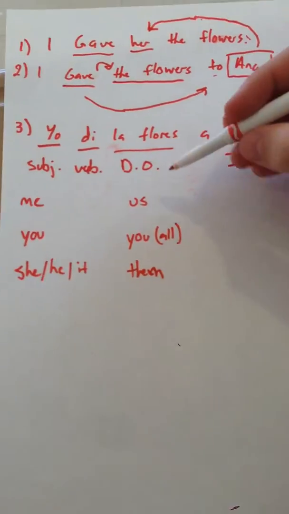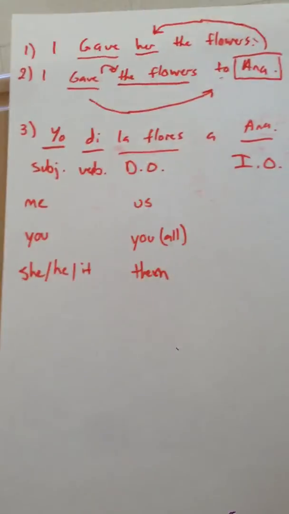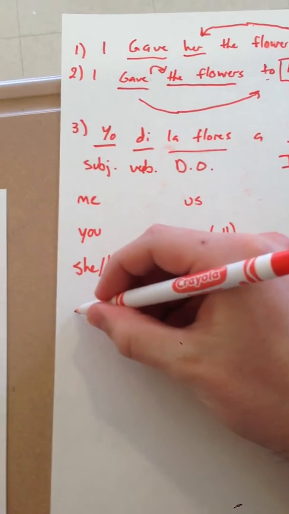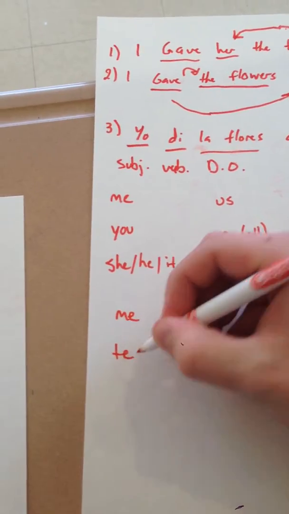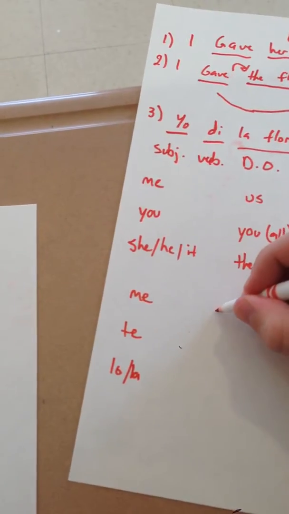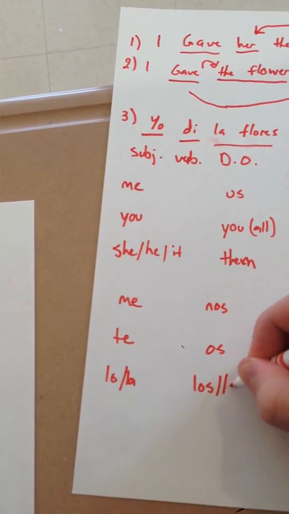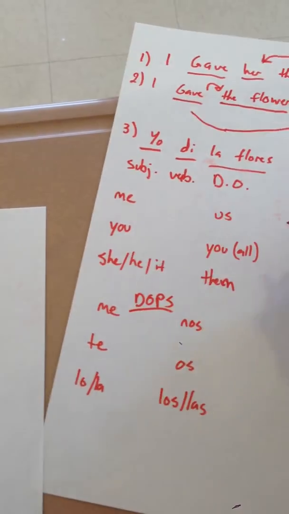Now, in English we use the same pronouns for both indirect and direct object pronouns. But in Spanish, we use the pronouns me, te, lo or la, nos, os, and los or las. These are our direct object pronouns, or DOPs.